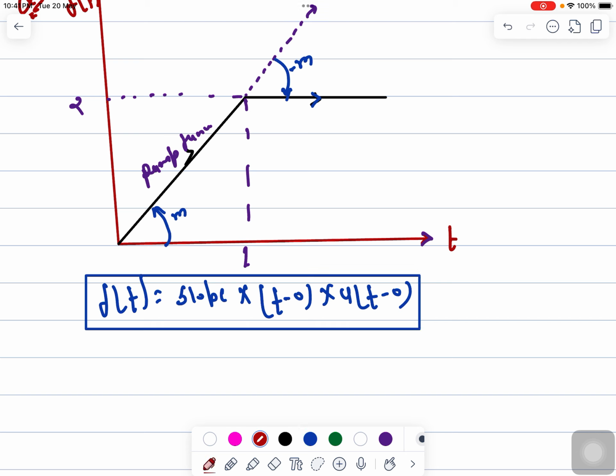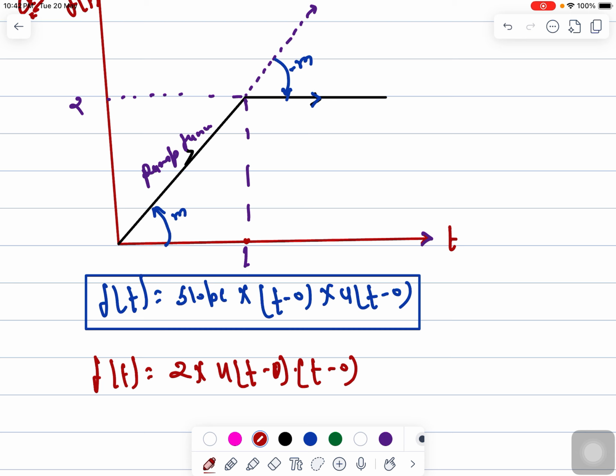So what is f(t) for this particular problem? That is 2 into t, and the starting time is 0 here. Sorry, here at t equals 0, no? Yes. So at t equals 0 there is a ramp input, right?